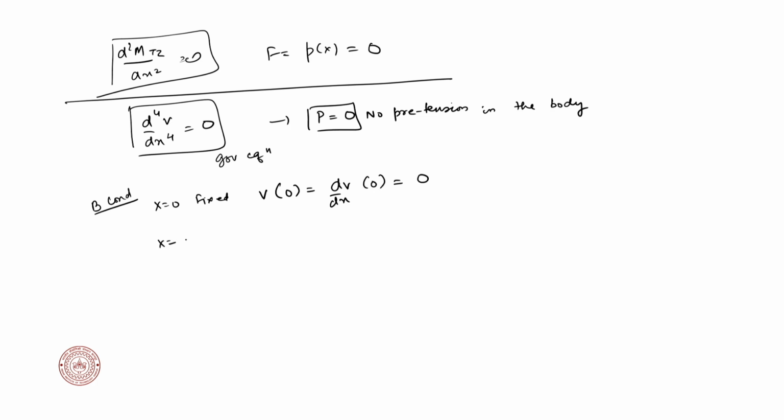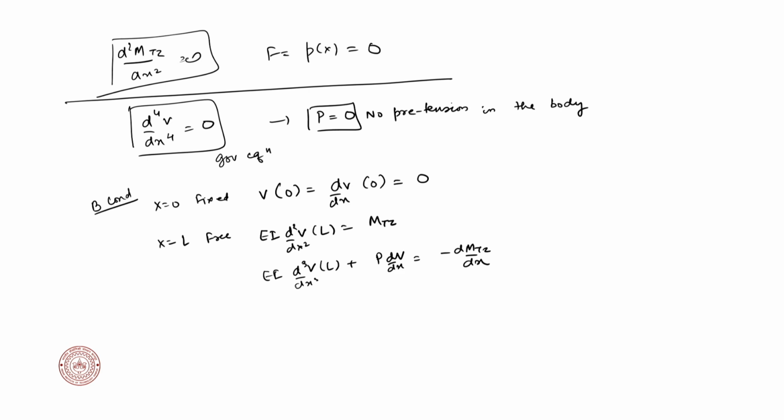For the free end, x equals L, we will have EI d squared v by dx squared of L equal to the moment causing it to bend, and EI d cubed v by dx cubed of L plus P dv by dx minus dMTz by dx. These are the 4 boundary conditions that we are solving for.